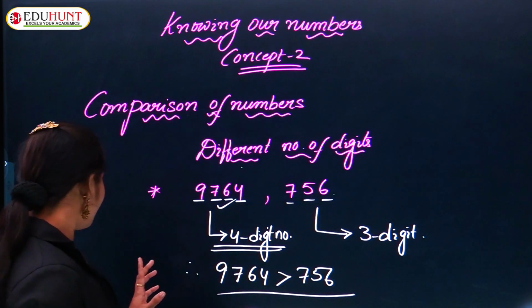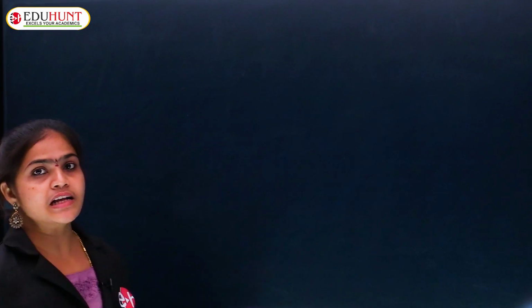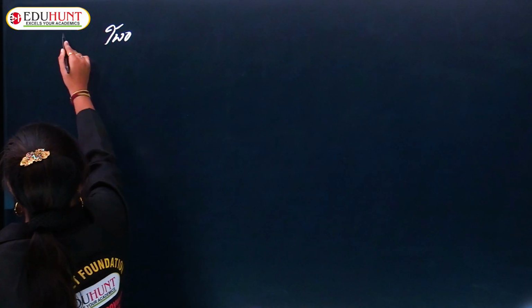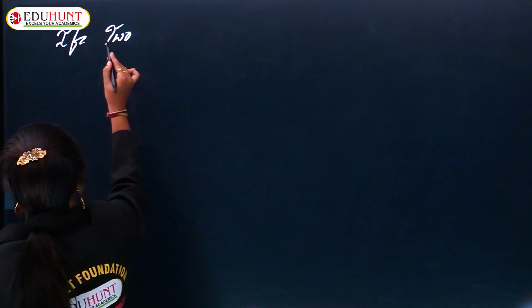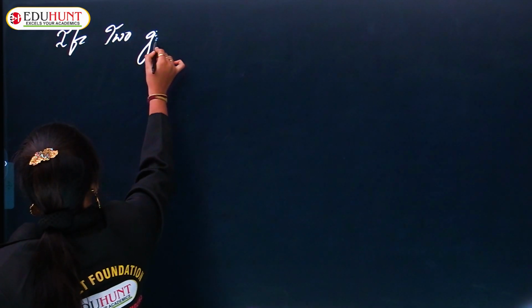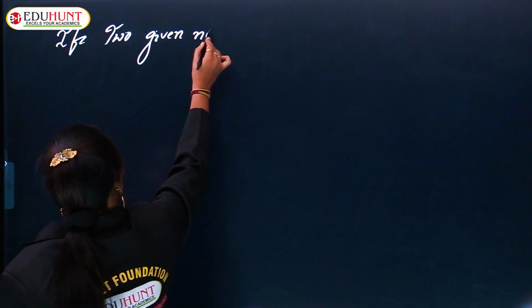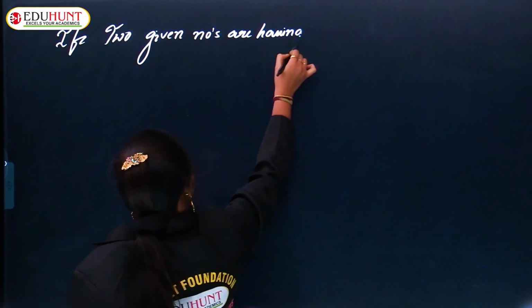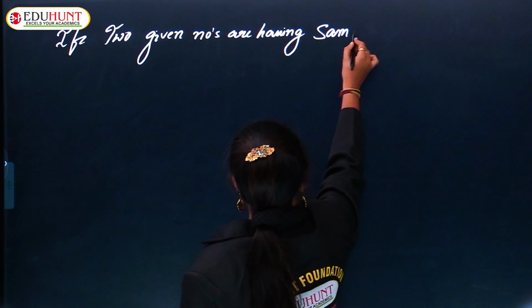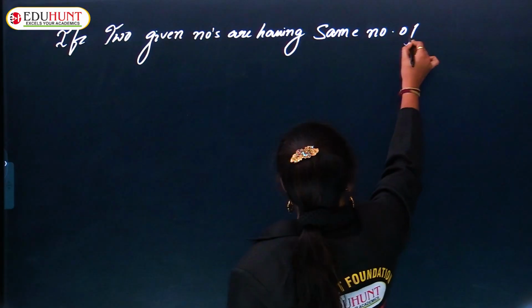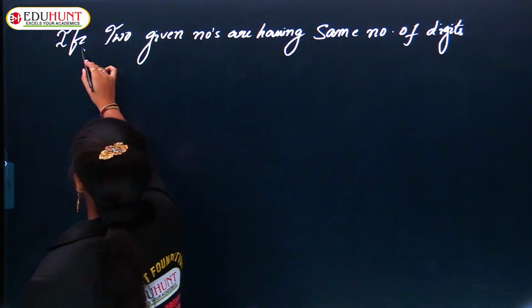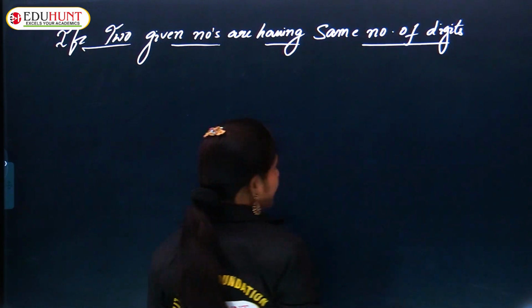Next, the second one: if two given numbers have the same number of digits, then how to compare?